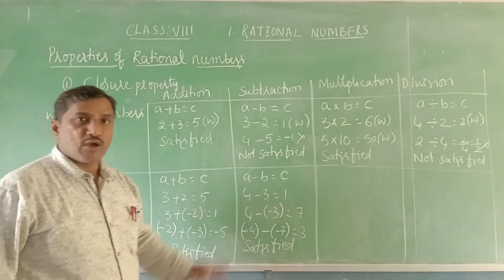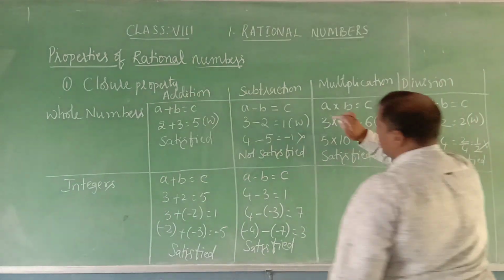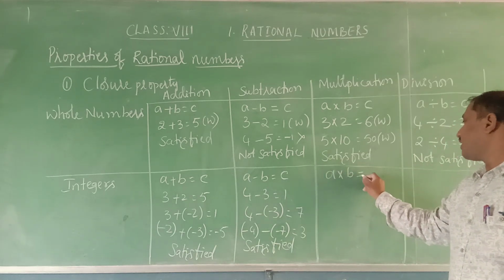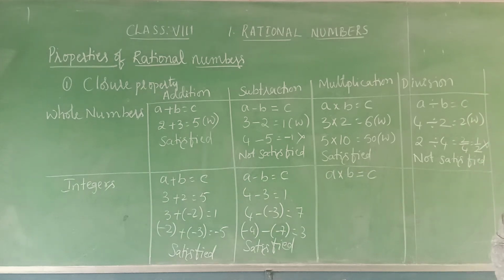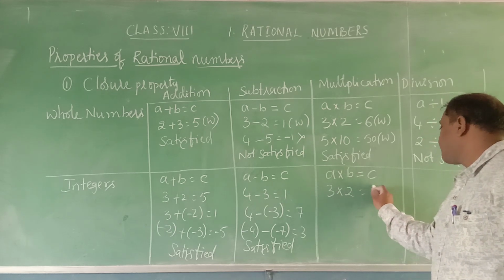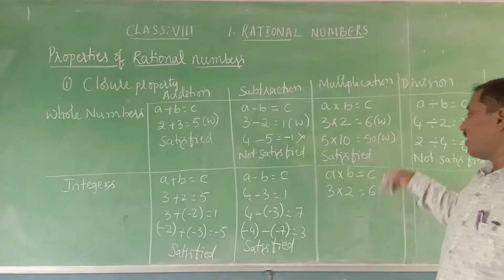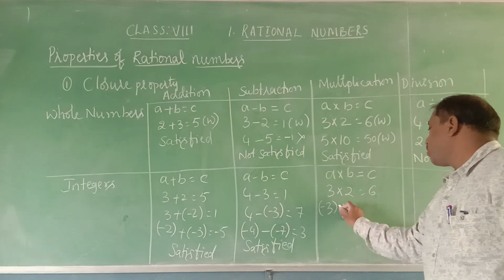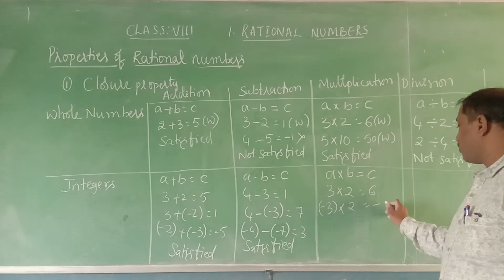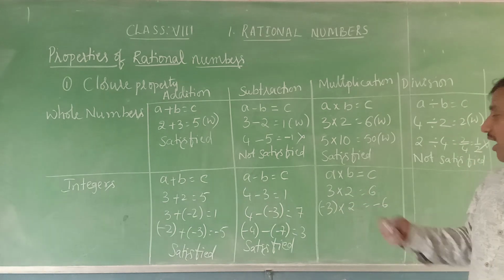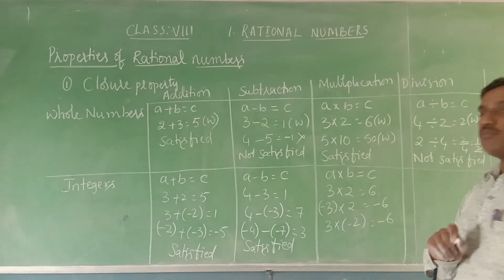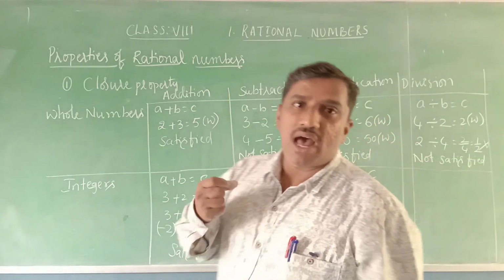Now we will discuss multiplication. Under multiplication, let a and b be two integers, then a into b is equal to c, where c is also an integer. You take 3 into 2, 3 twos are 6. 6 is also an integer. Next, minus 3 into 2 is equal to minus 6, which is also an integer. 3 into minus 2 is also equal to minus 6, also an integer.